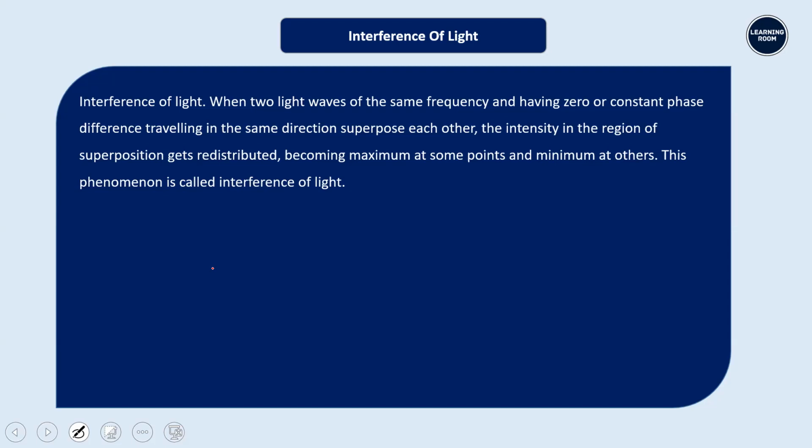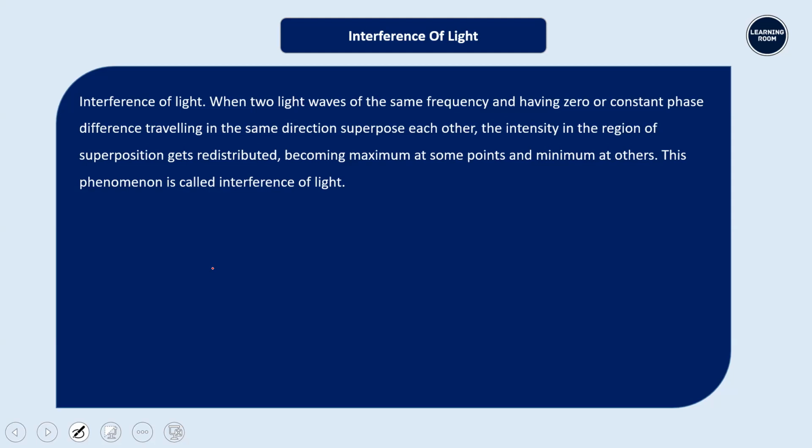But here an important point to be noted is that when I spoke about the principle of superposition, I never mentioned the direction in which the waves are supposed to travel. Did I say that? Check your notes. When a number of waves are traveling in a medium, that's it. I never mentioned direction.